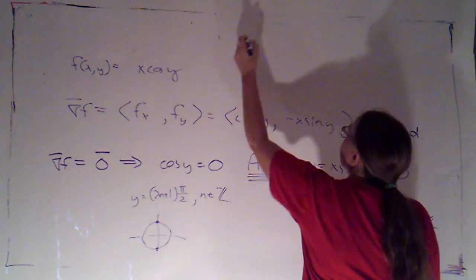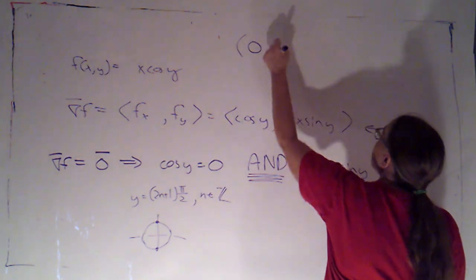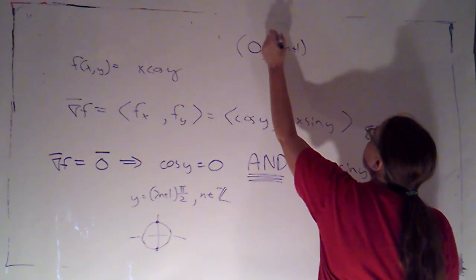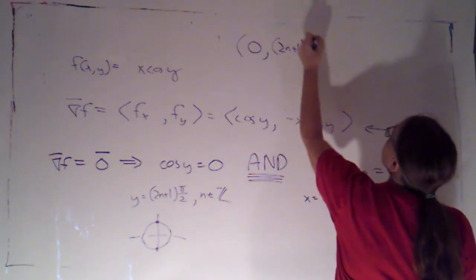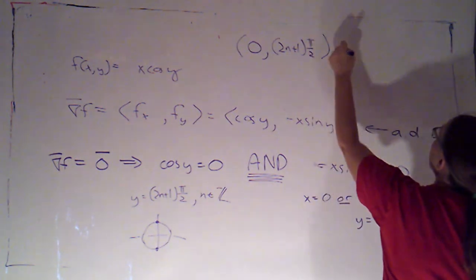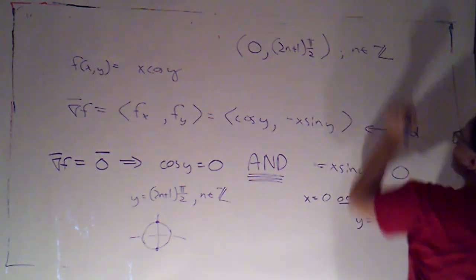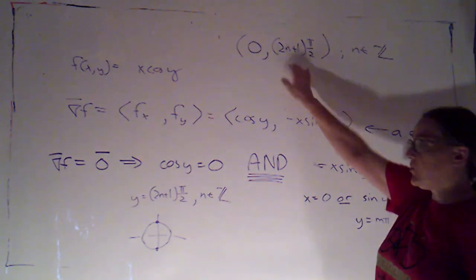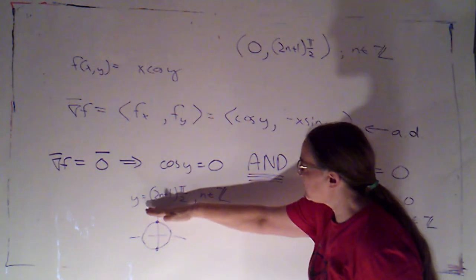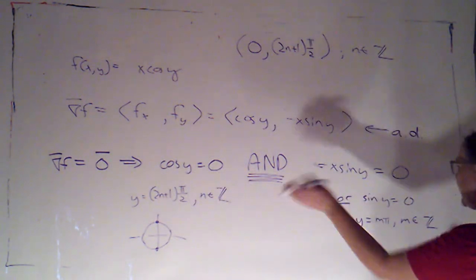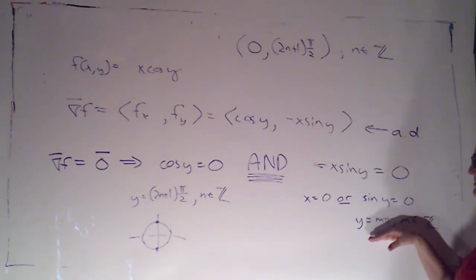Let me just write them up here. So x being 0, y being 2n plus 1 times pi over 2, okay, where n is an integer. Okay, those are all critical points. Now my other possibility is that y is one of these and y is one of these.